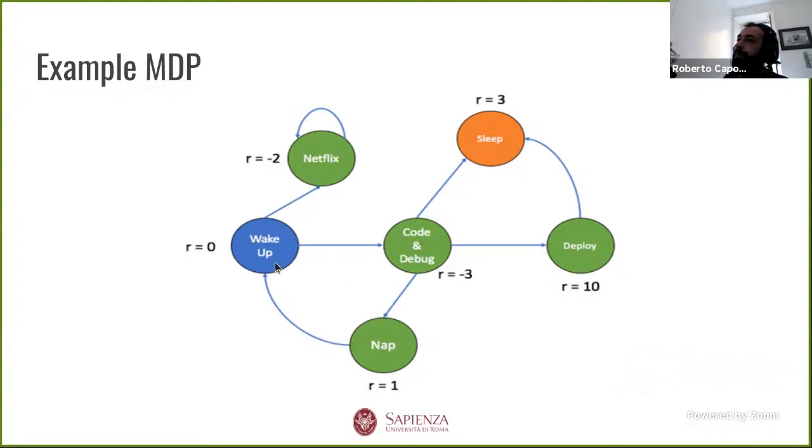And as you already see here, in order to get some positive reward in the end, the agent has to go through this state where it receives a worse reward compared to the one in this state, but eventually can transition to the deploy state, or also to the sleep state, which is positive for the agent.